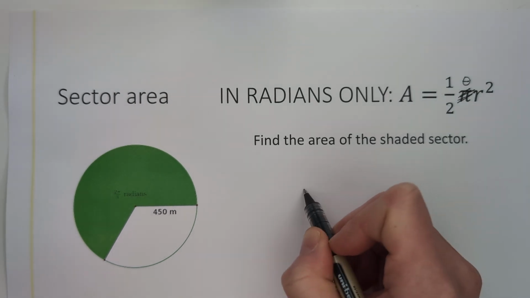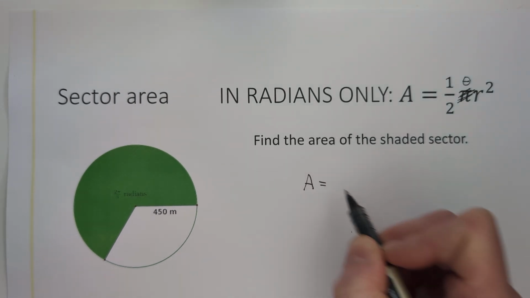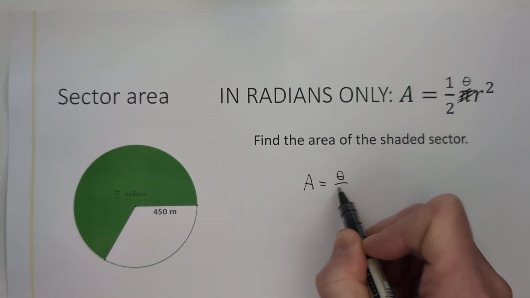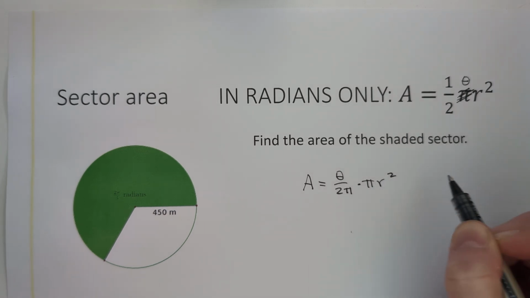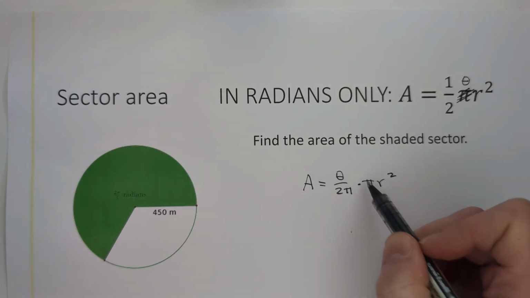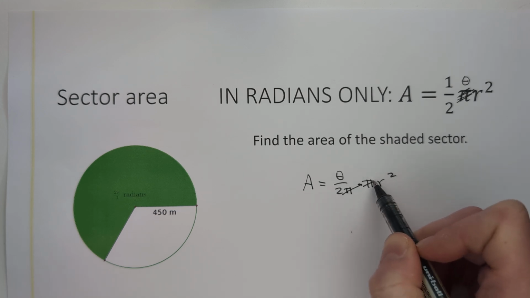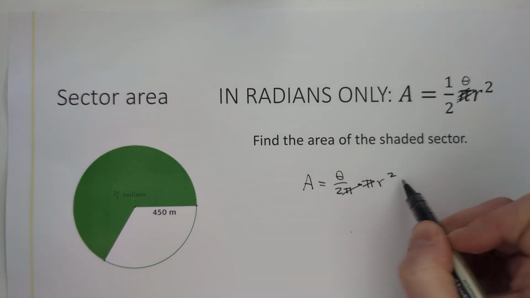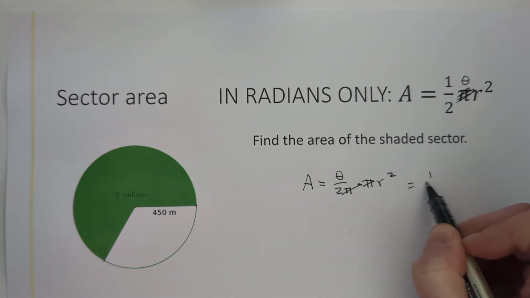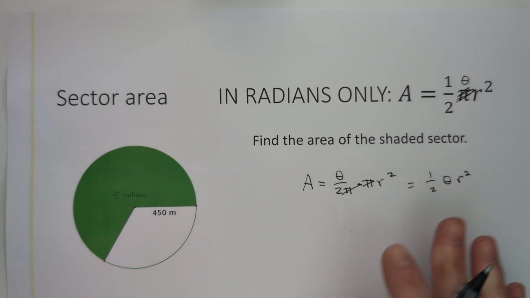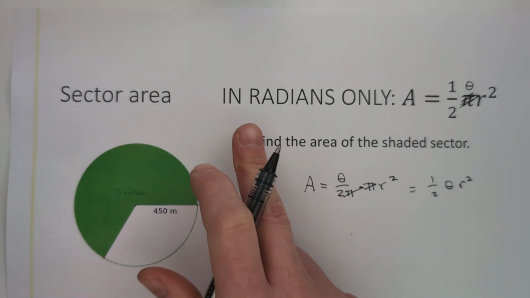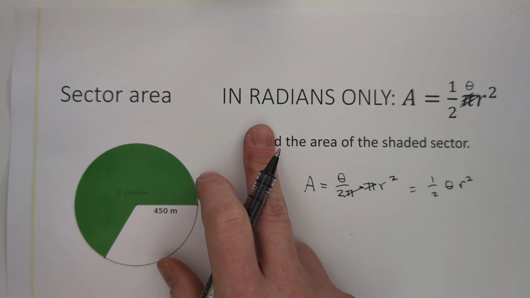So if I work through here, the area is a part of the full circle times pi r squared. Oh, okay, where we cancel out the pi's from top and bottom, and we have 1/2 theta r squared. There we go. These are also in your formula booklets. It doesn't give the warning that it's only in radians, though, so you do need to make sure you remember that.